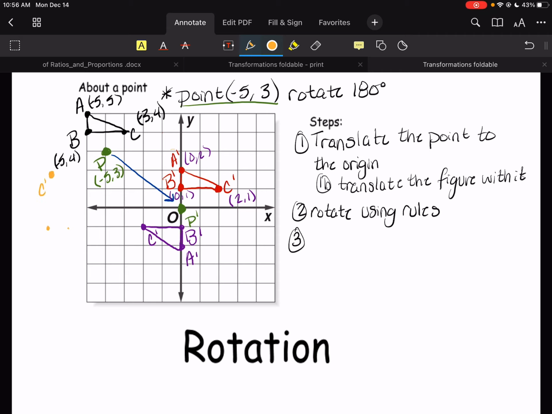B, we want to go left 5, and then up 3. A, we'll go left 5, and then up 3.